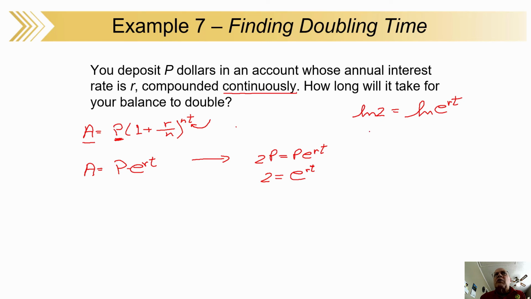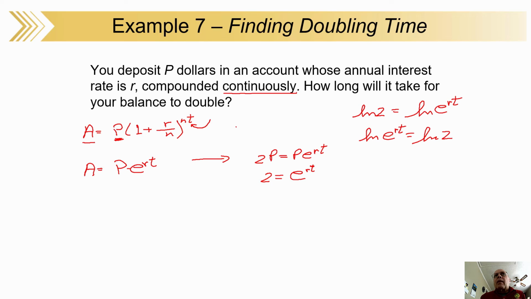I'm going to switch those two around. It's not necessary, but just to make sure that there's no confusion here. Now, I would leave this as natural logarithm of 2. I wouldn't actually put it in the calculator yet.